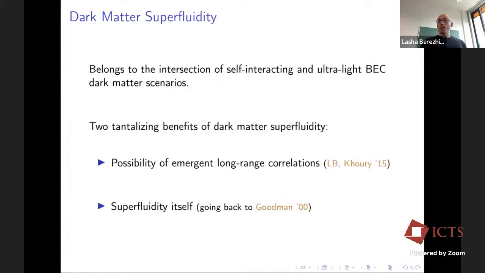And the question I would like to discuss is the idea of dark matter superfluidity. Dark matter superfluidity is not something extremely complicated. It is simply a mix between self-interacting dark matter and ultralight Bose-Einstein condensate dark matter scenarios.